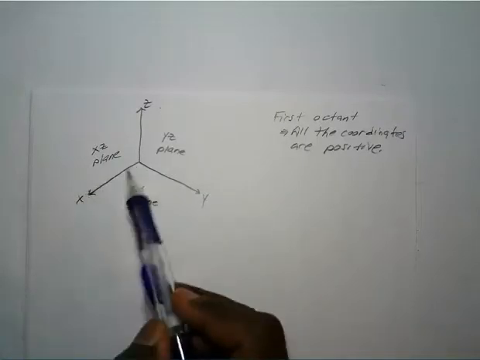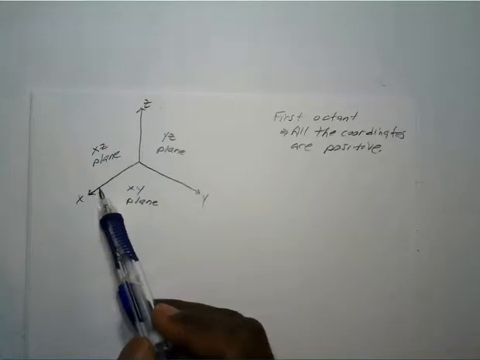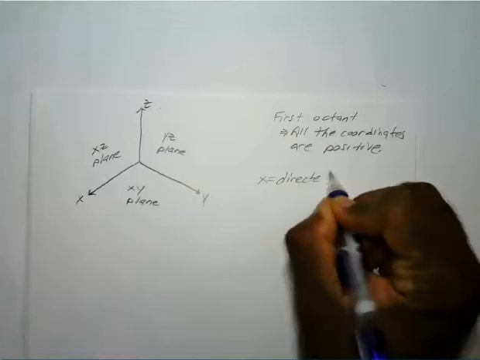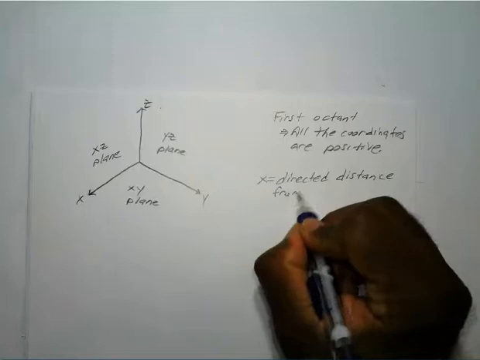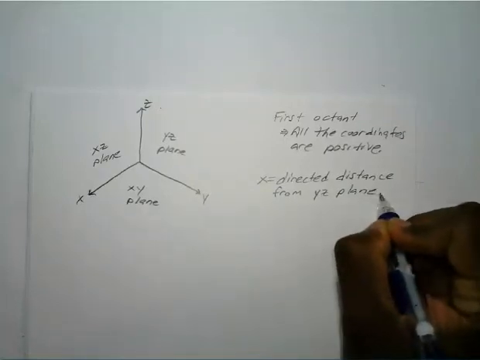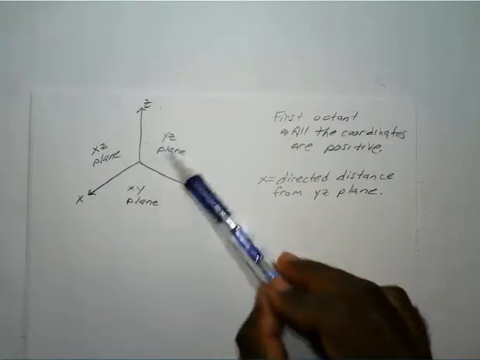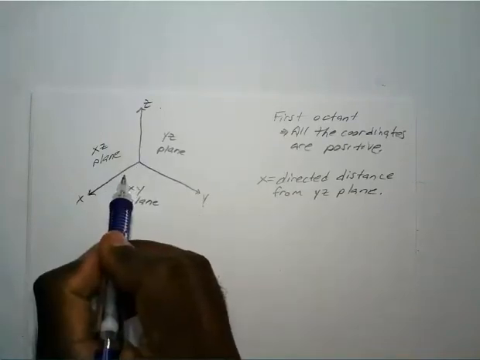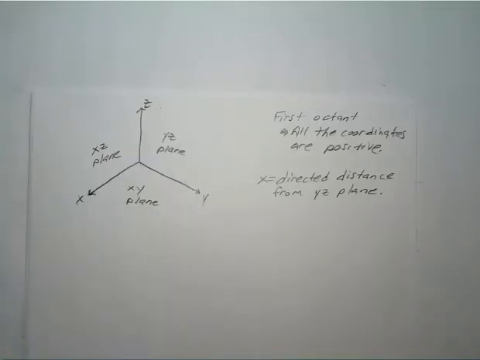Now your X is actually your directed distance from the YZ plane. Your YZ plane, remember, is that right wall. Your X value, so let's say X equals 2, that 2 will be the distance from that YZ plane.